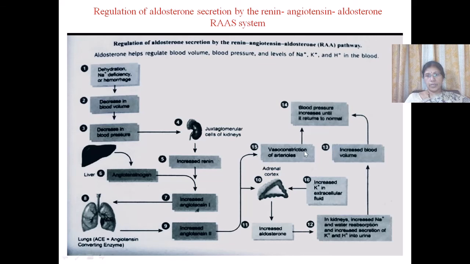And the third role is it stimulates the adrenal cortex to release the aldosterone hormone, and this aldosterone hormone in turn stimulates the distal convoluted tubule for water reabsorption and sodium ion reabsorption, and it stimulates secretion of potassium and hydrogen ions into urine.